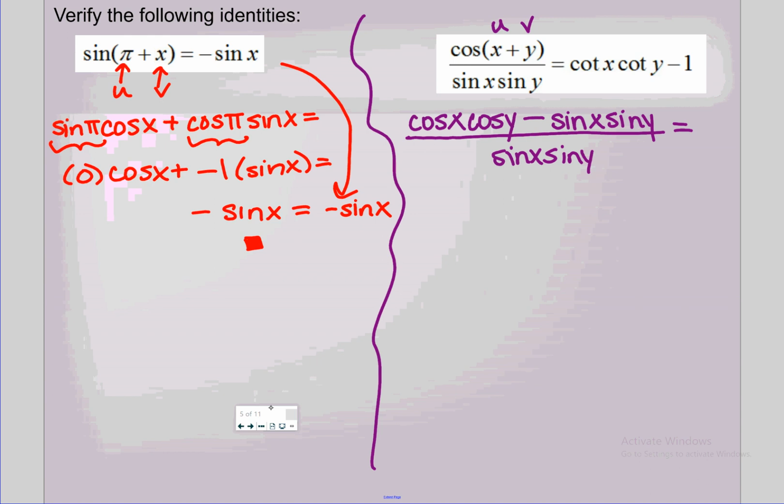So I'm going to do the opposite of when we add things together with common denominators. I'm going to split this fraction into two fractions with the same denominator because I want to separate those two pieces in the numerator from each other. So I'm going to have cosine x cosine y over sine x sine y, minus sine x sine y over sine x sine y.